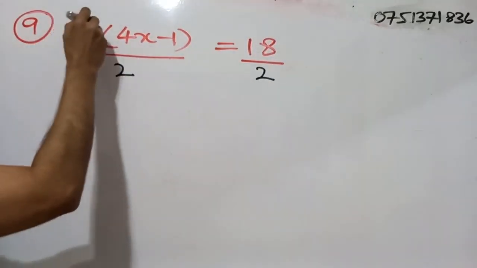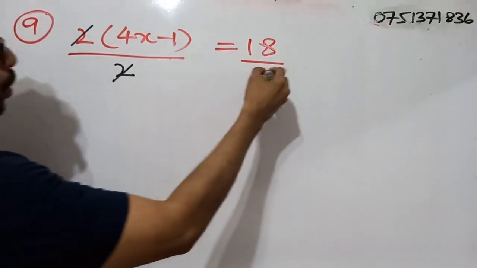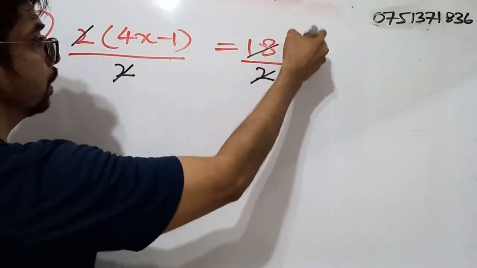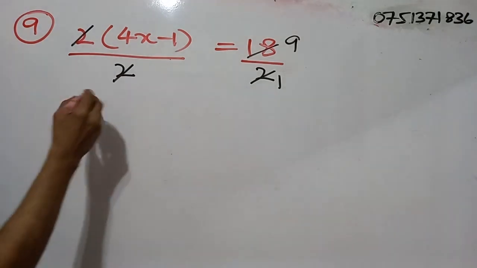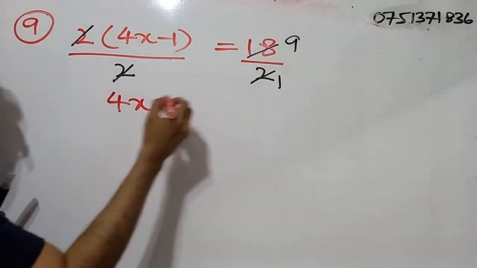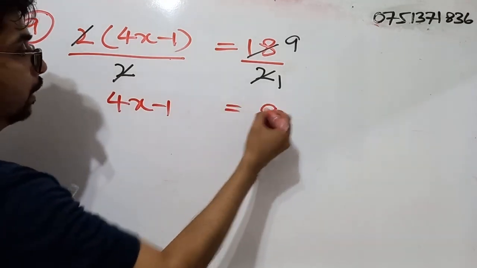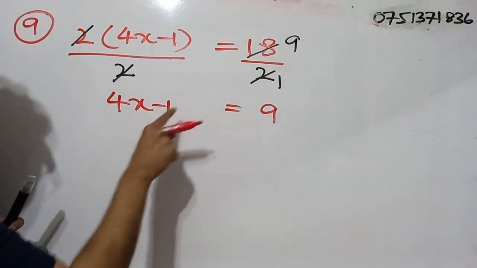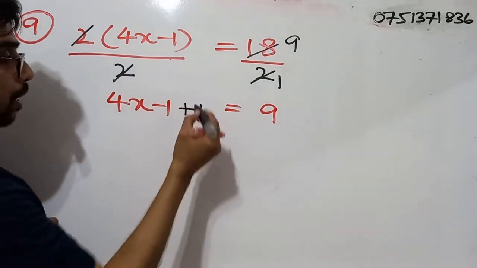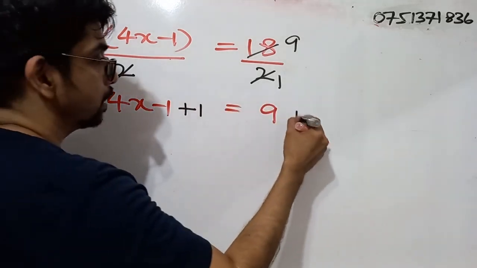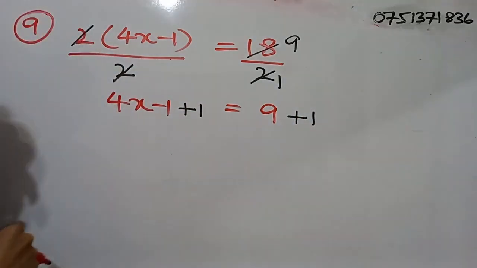I can cancel out these 2. So 2 times 1 and 2 times 9, right? So here what do we have? 4x minus 1, that is equal to what? 9. Now I can get rid of this minus 1 by doing what? By adding a 1. Do the same thing to the other side, right?